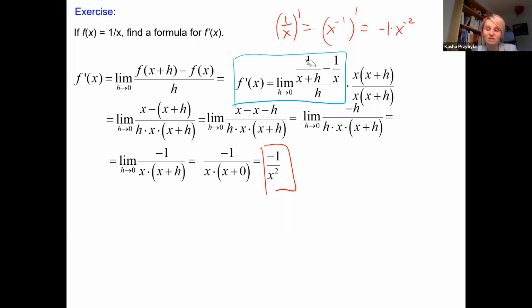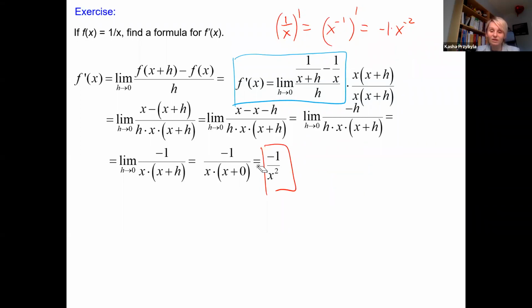You just have to see that it's 1 over x plus h and 1 over x. Instead of x, we simply put x plus h, minus the same function, and keep the h. I will probably not ask you to solve it algebraically, because you know the answer, okay?